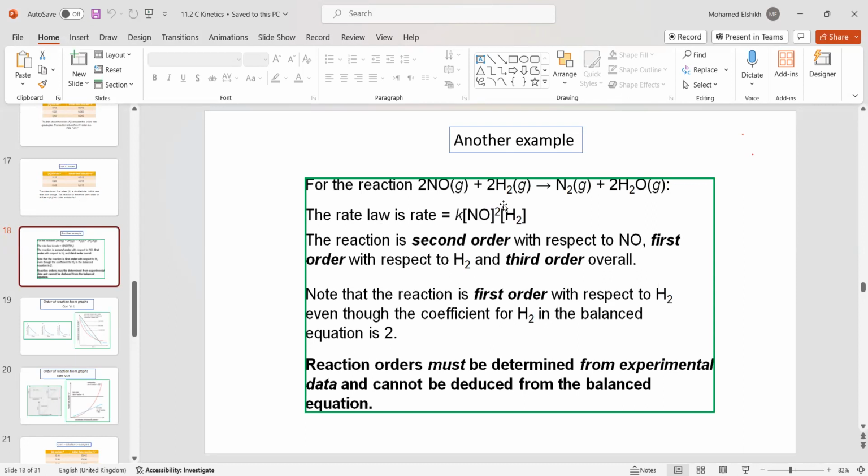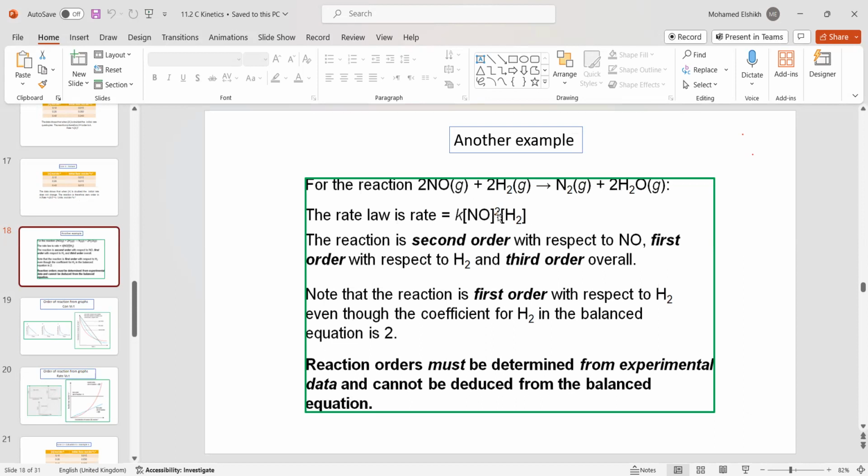This value is determined experimentally, and as you can see, it's different to this value. Here there is one, you don't write the one, and there's two here. So these coefficients are nothing to do with the reaction order, that is how much the change in concentration affects the rate of chemical reaction.